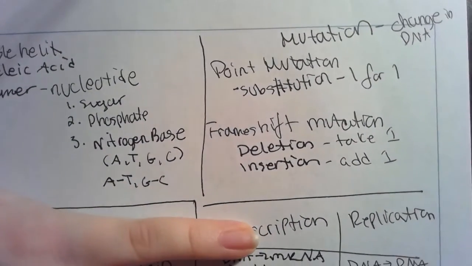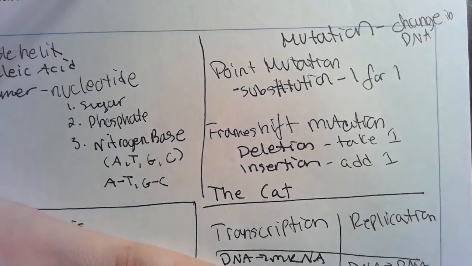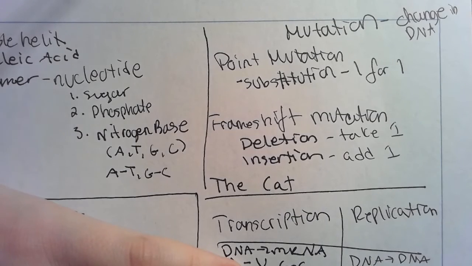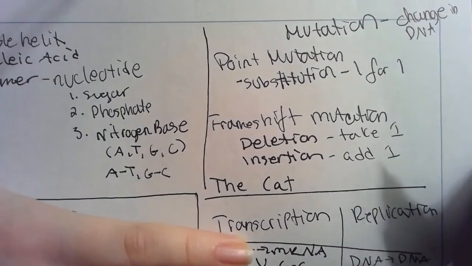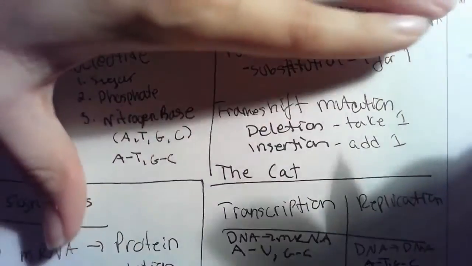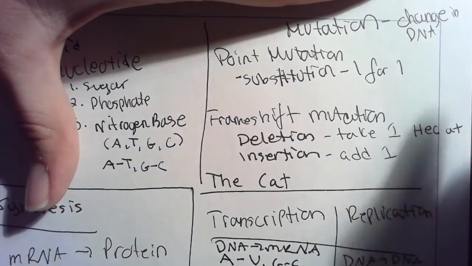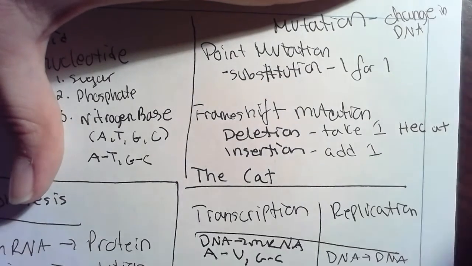Alright, so I'm going to take the sentence like the cat. So if I were to delete one of these, remember things are read in 3, so if I were to delete one, let's say I delete the T. My new sentence is heck at. I have no idea what that means. Alright, let's say that I add one. Alright, let's say that I add a T to the beginning.